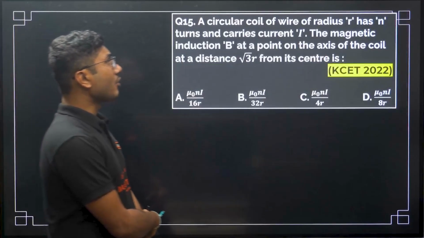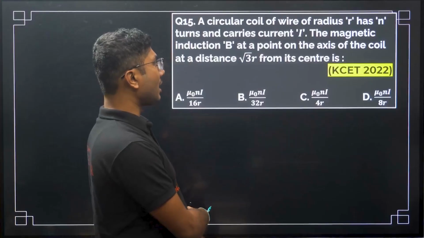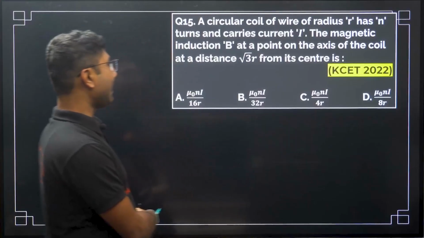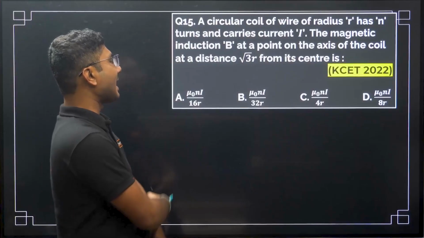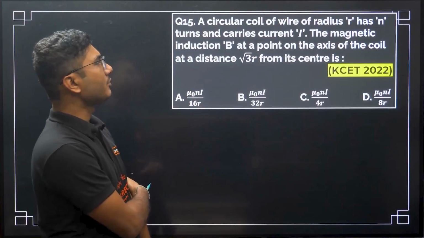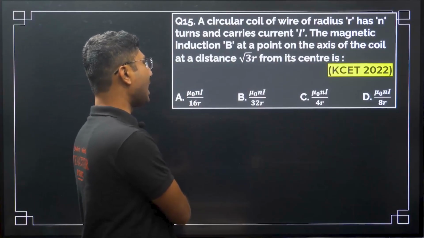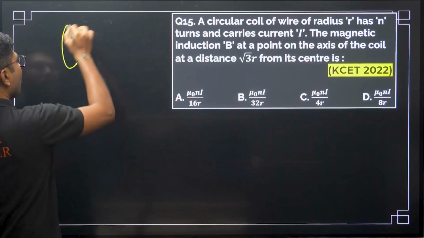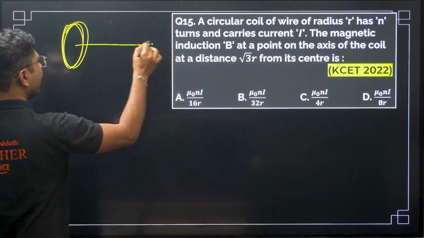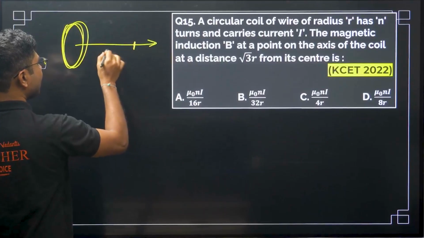A circular coil of wire of radius small r has n turns and carries a current I. The magnetic induction B at the point on the axis of the coil at a distance √3r from its center is... So this is the same problem. We have a coil and we are trying to find the magnetic field at some distance x.